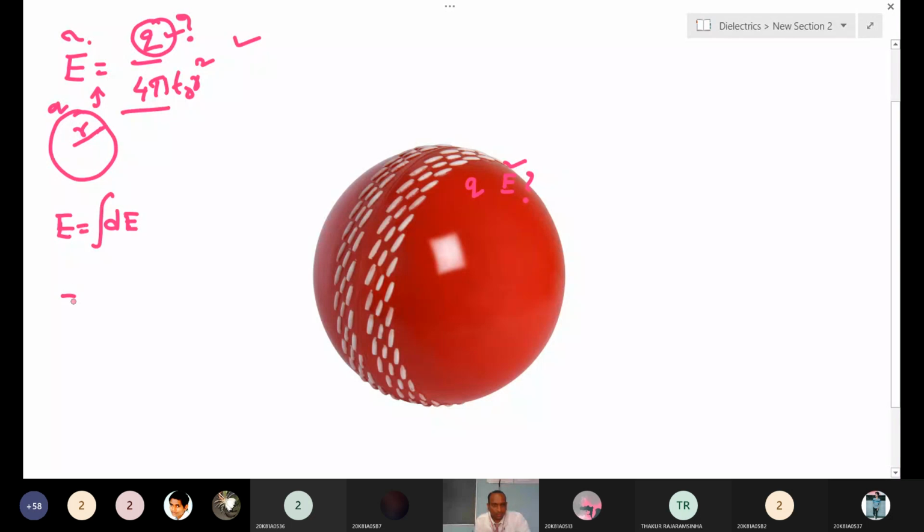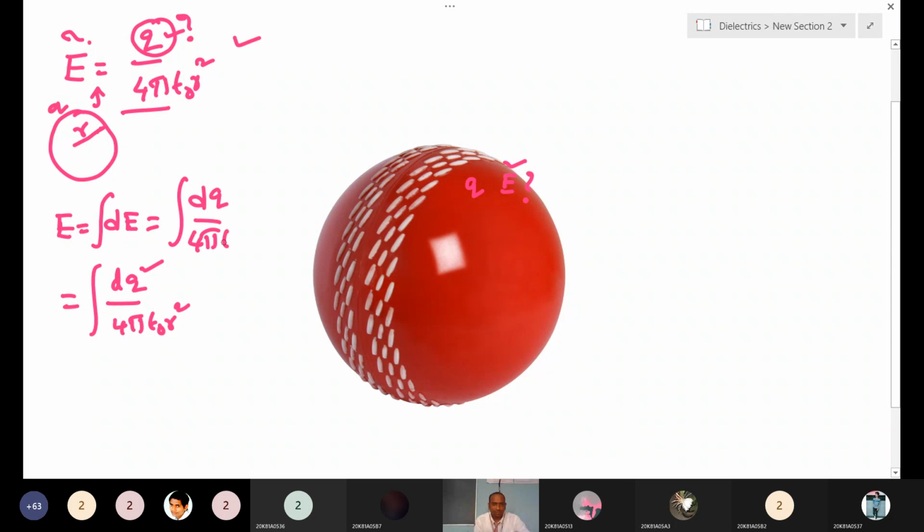Here dE means dq by 4 pi epsilon naught r square, integrated. First we have to estimate dq, and after that you have to integrate it. dq is equal to, you can write here, dq by q by epsilon naught r square. Can we write like this?